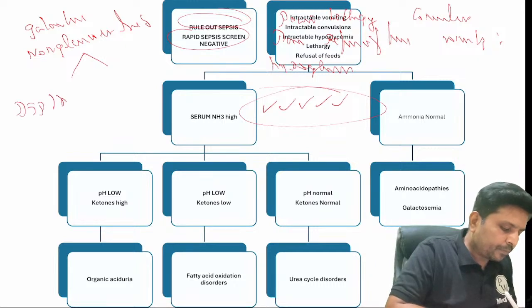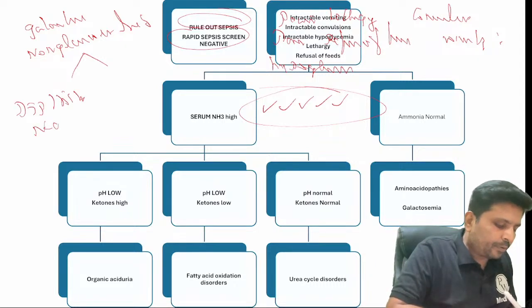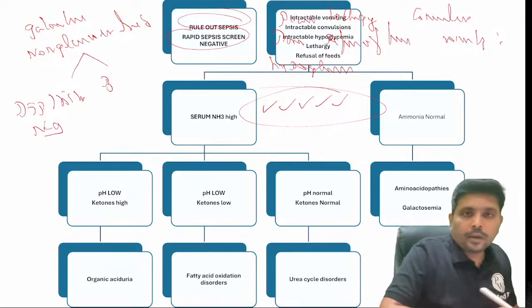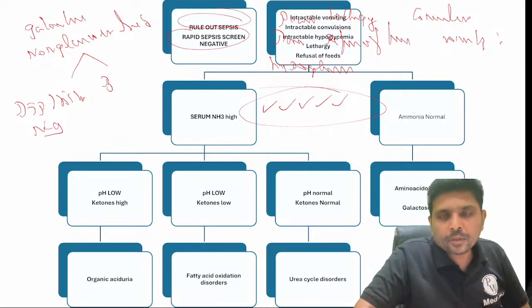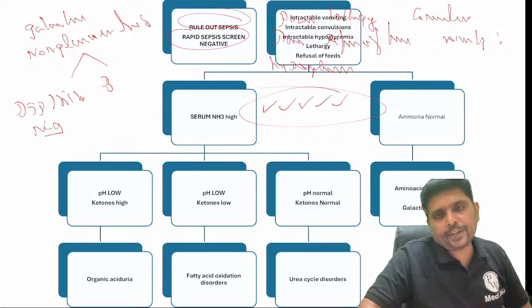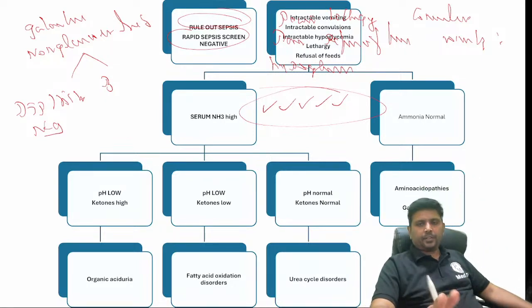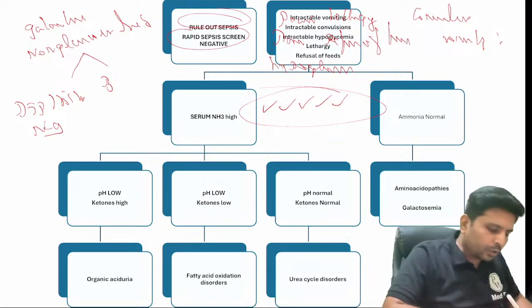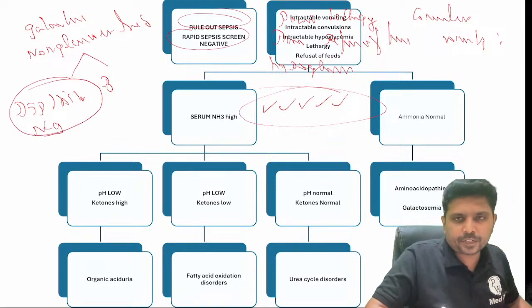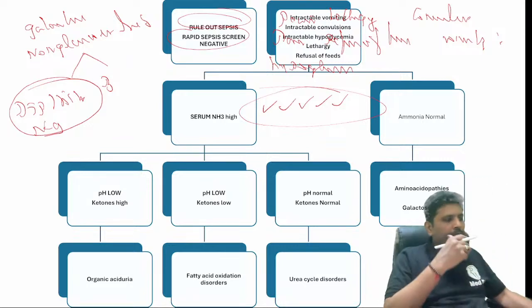Dipstick will be negative, but what is that another test? Okay. So non-glucose reducing substances. Right. Then what else?